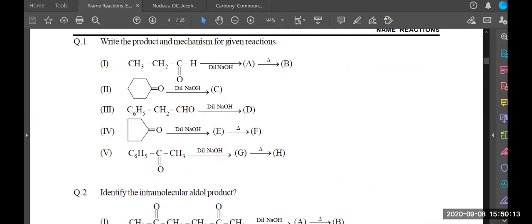Everyone, think about this. So we have a problem over here. Just write the product. You just have to write the product. I'm giving you 5 minutes. Try to solve this one.